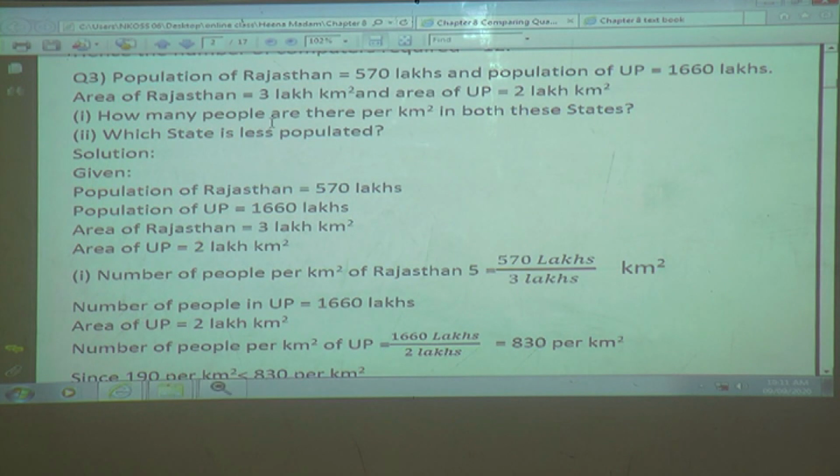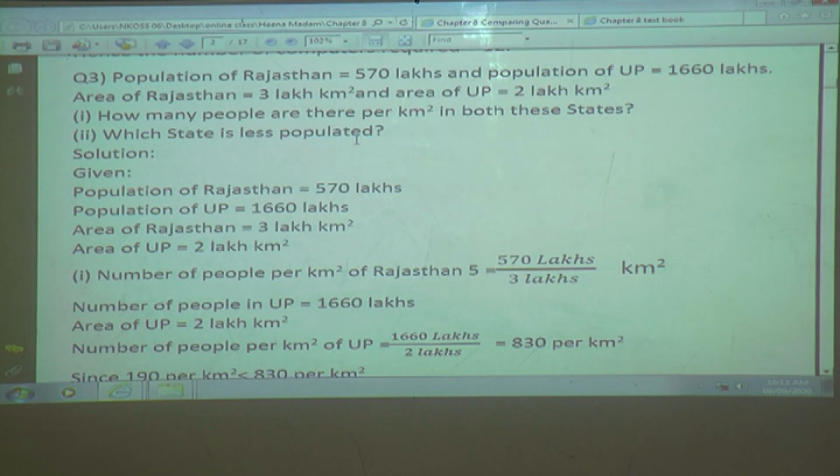Here are some questions. How many people are there per kilometer square in both these states? We already learned this when we had the introduction of this chapter: per kilometer square when it is an area. Which state is less populated?